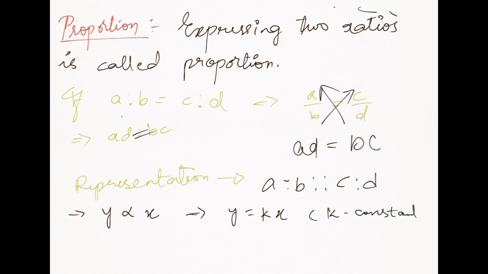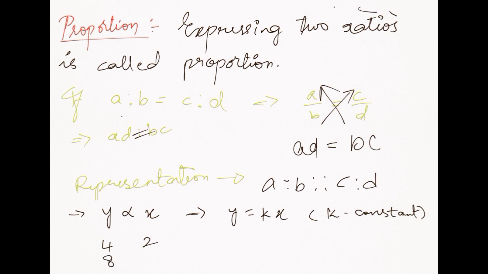So first let me assume y to be the number of chocolates and x to be the number of biscuits. Say I have the number of chocolates as 4 and the number of biscuits as 2. If I increase the number of chocolates by 2 times, 4 2s is 8.